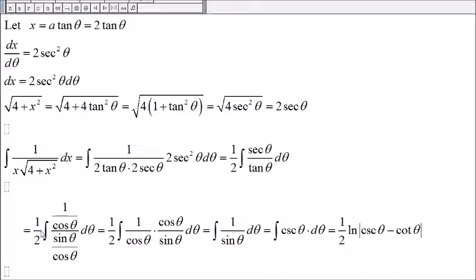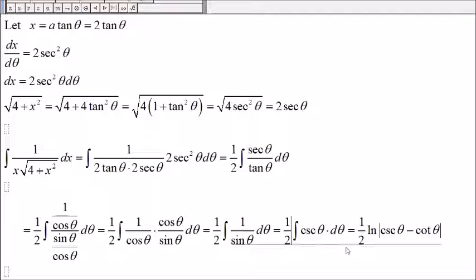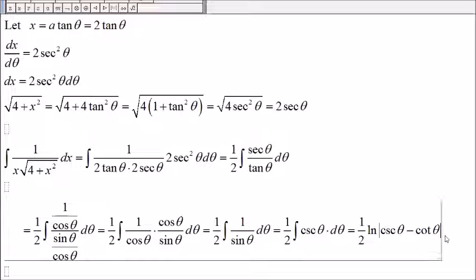and in an earlier video we found that the integral of cosecant of theta is the natural log of cosecant of theta minus cotangent of theta.